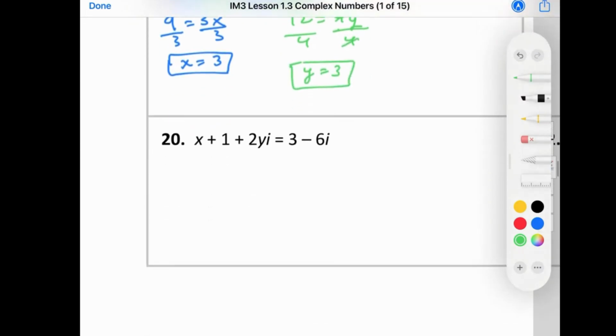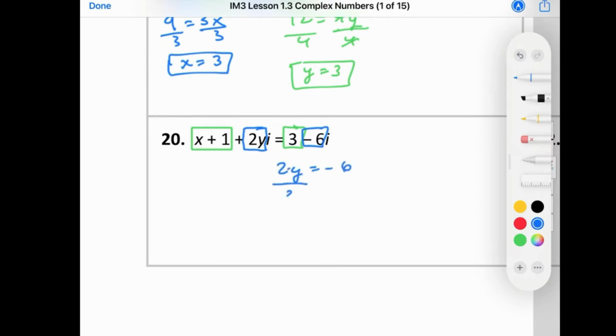Okay, let's try number 20. So here I have x plus 1, and this is the part that doesn't have i. If you need to, you can always start with the part that does have i. And this is a negative 6, so that'd be 2y equals negative 6.